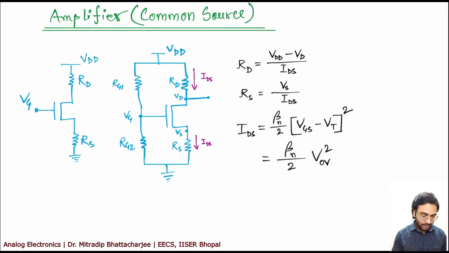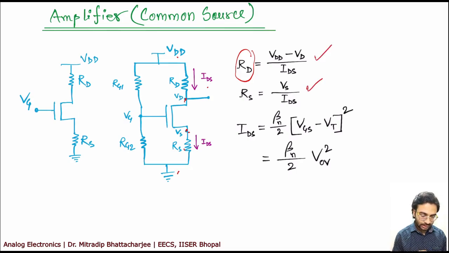Now let us see this circuit. If you want to measure the value of RD, consider the potential here as VD and potential here as VS. So your RD value will be VDD minus VD divided by IDS. Similarly, your RS value will be VS minus 0 divided by IDS.